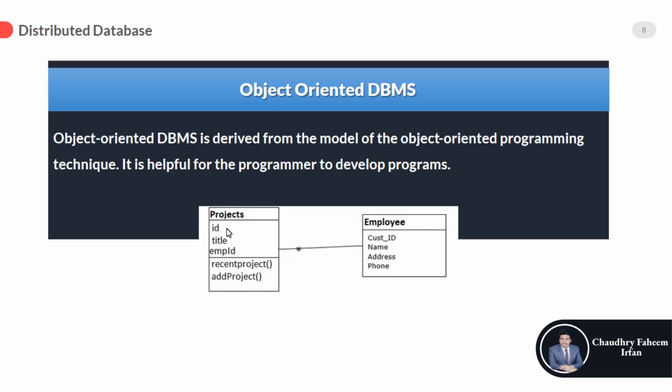Object-oriented DBMS uses small reusable elements called objects. Each object contains a data part and a set of operations which work upon the data.